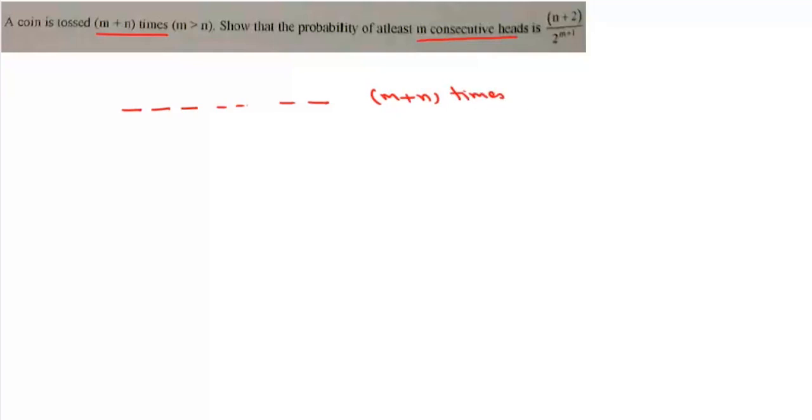M consecutive heads may start from the first place, or they may start from the second place, or the third place. So they may start from any place from 1 to n plus 1.